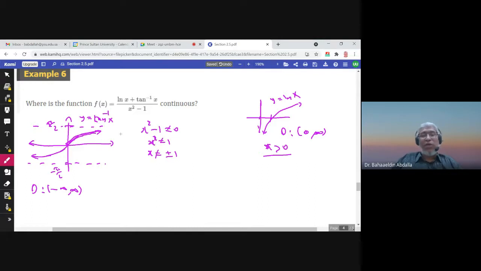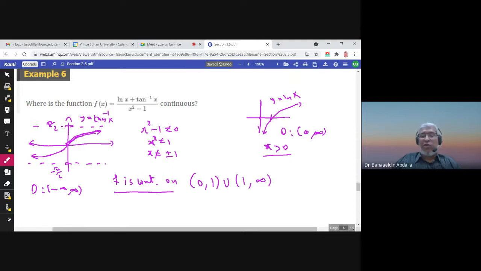So the function is continuous everywhere except at 1 and negative 1, and x has to be greater than 0. So we start from 0: from 0 to 1, union from 1 to infinity.